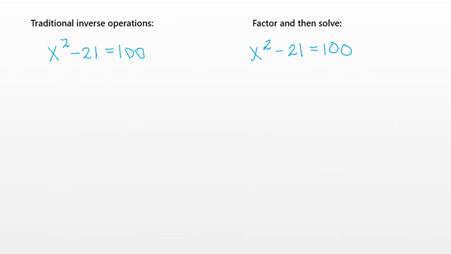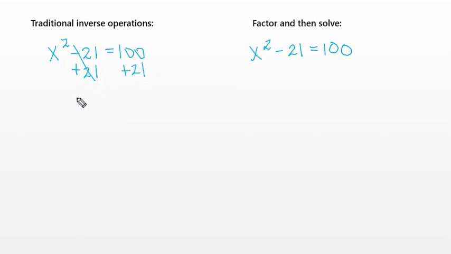Let's look at another example. So here, if we're using that traditional inverse operations, we know that we need to combine our like terms, so we're going to add 21 to both sides of the equation.